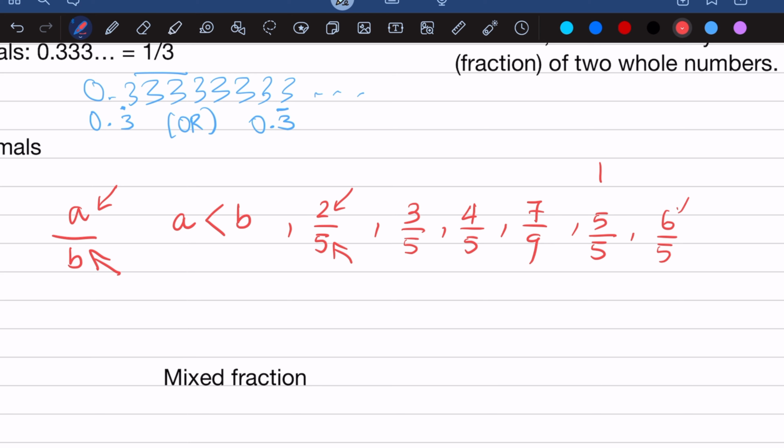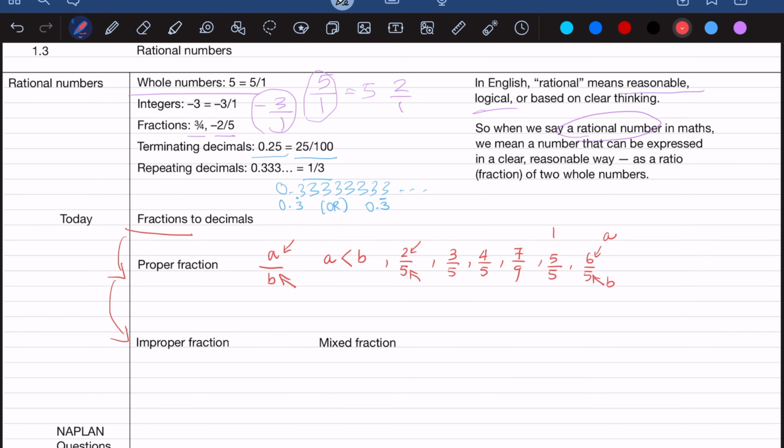Look, our a, the numerator, is going to be bigger than the denominator. That's when we call it an improper fraction. It doesn't belong to proper fractions anymore. It belongs to improper fractions, where our numerator a is bigger than our denominator b.